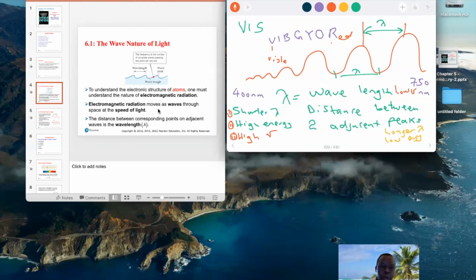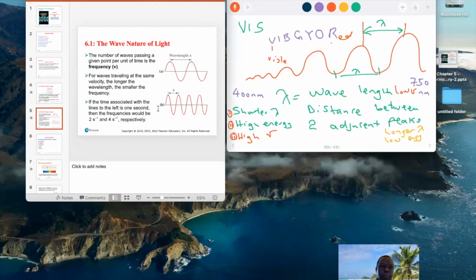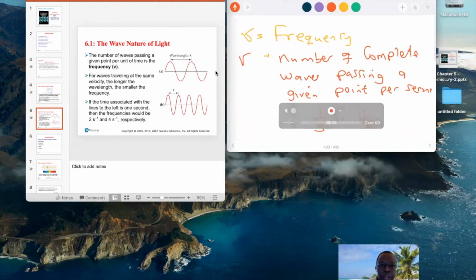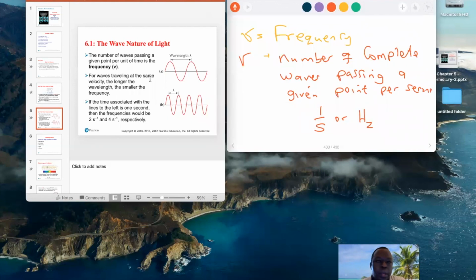Just to give you the nature of light. When we talk about the nature of light, the symbol here stands for frequency, nu, we call it nu, quick and simple. It is the number of complete waves passing a given point per second.